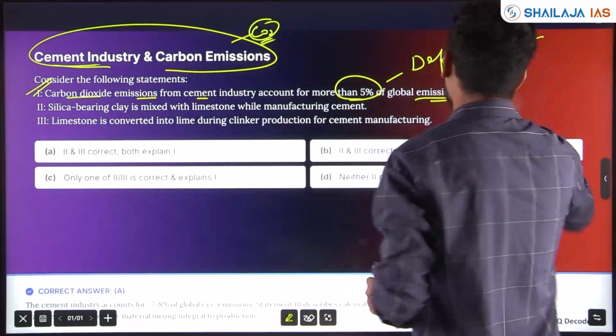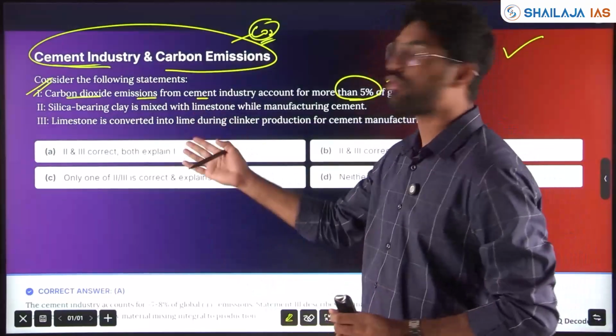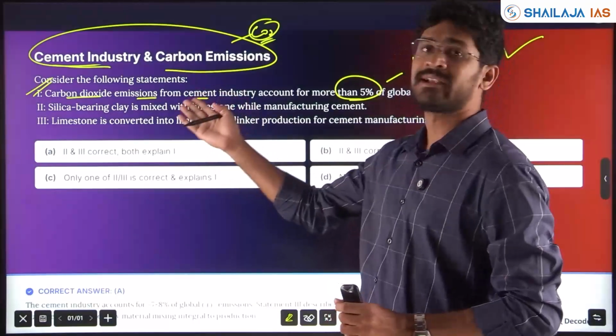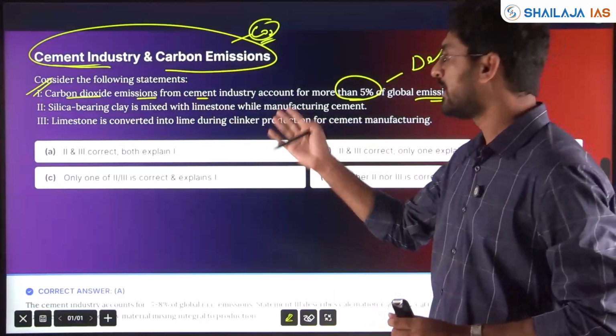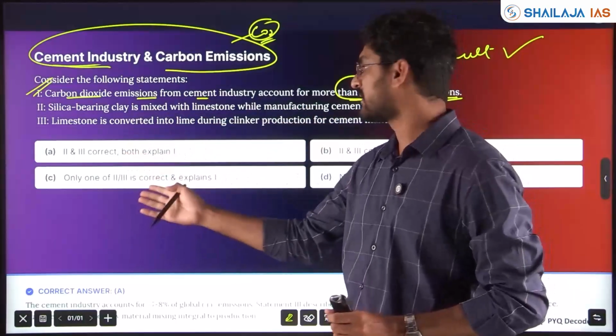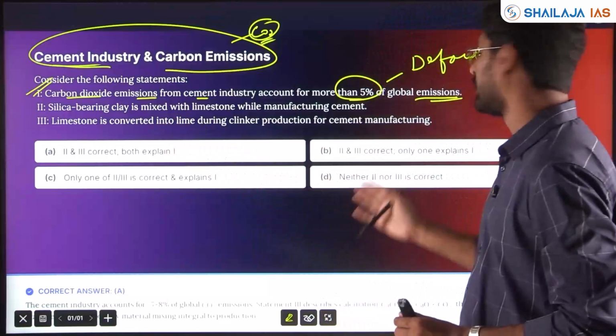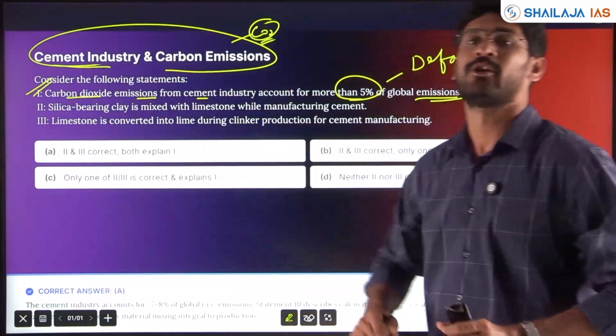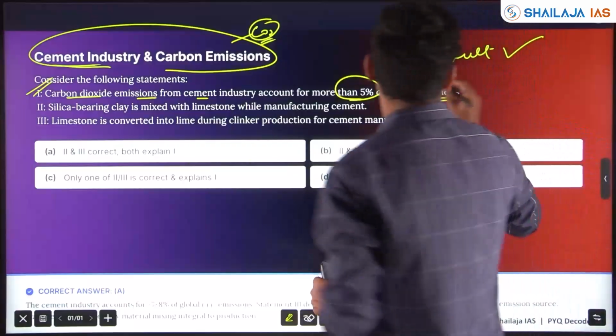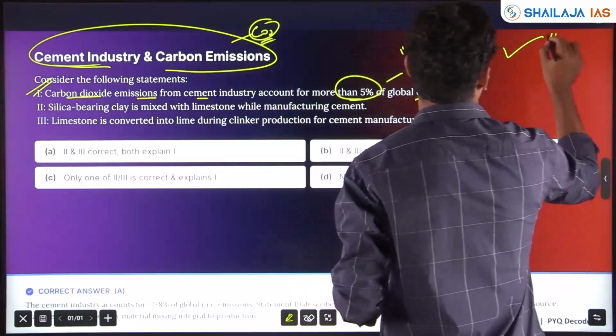He's asking whether 2 and 3 are correct, and that explains statement 1. Both explain 1, or only one of the 2 and 3 is correct and explains 1, or neither 2 nor 3 is correct, that is, both are wrong. Statement 1 is a fact. By default it is right.